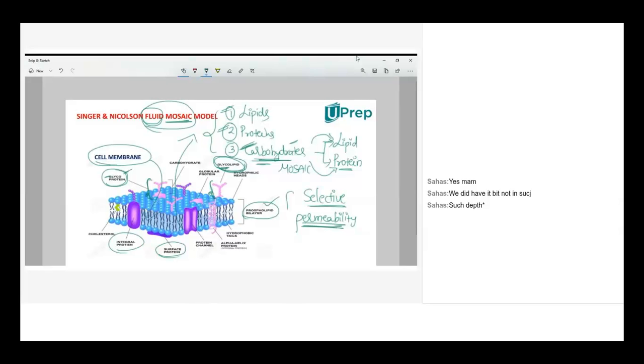Allowing permission, isn't it? So that is very selective. It will not allow all the molecules to get in. It will not allow all the molecules to go out. So that selective permeability is given by the fluid mosaic model, and these are the different parts or different biomolecules arranged in the fluid mosaic model.